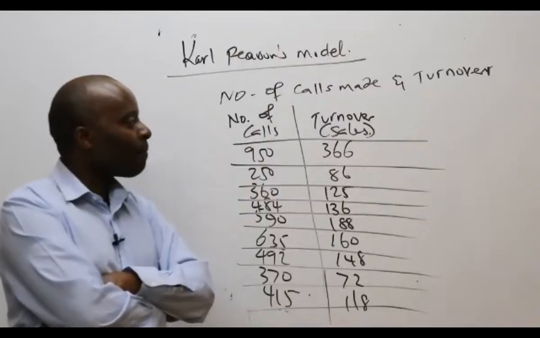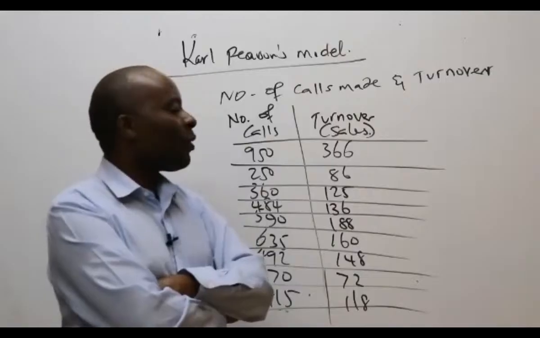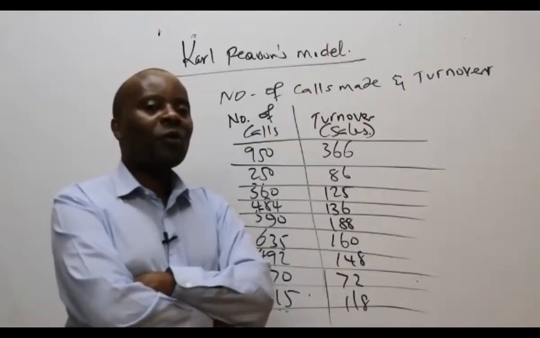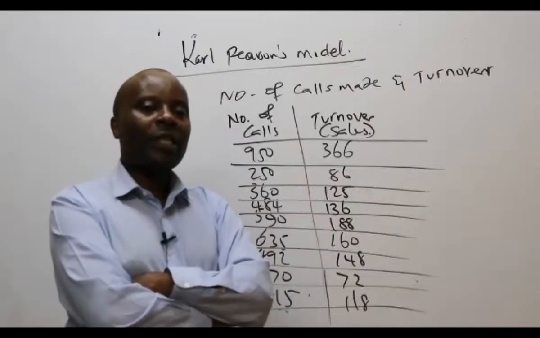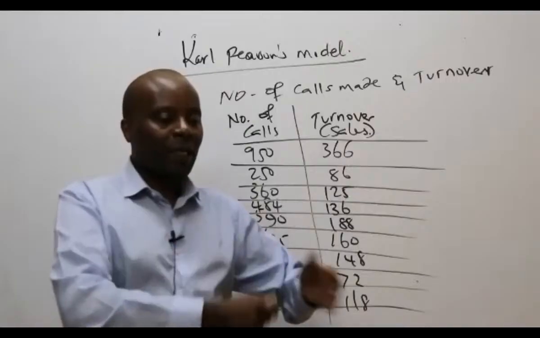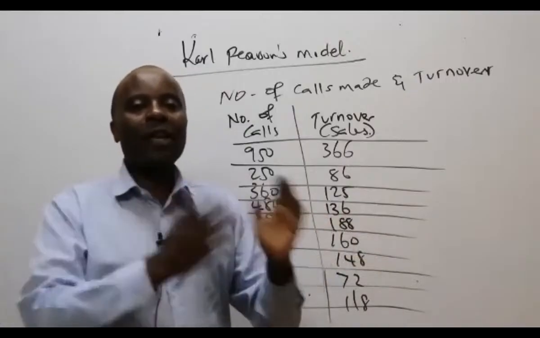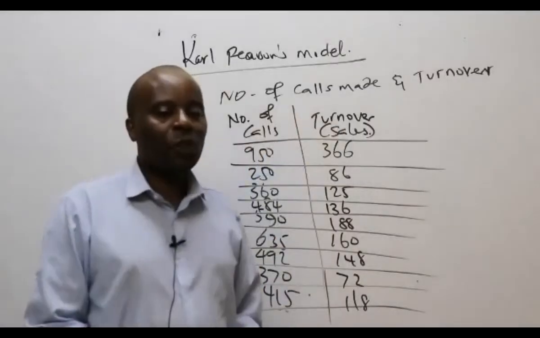So, ladies and gentlemen, if you ask those students why they're giving, for example, number of calls to be x, most of them will not have an answer. Most of them will tell you that it is because number of calls happens to be the first column, and as per the chronological order, alphabetical order, the first one should be x, the second one should be y.